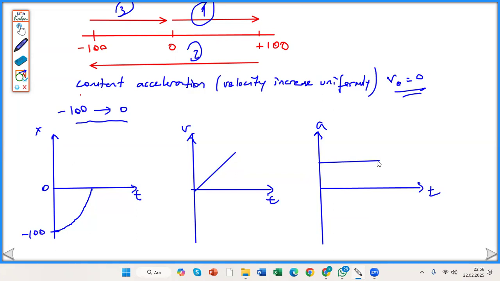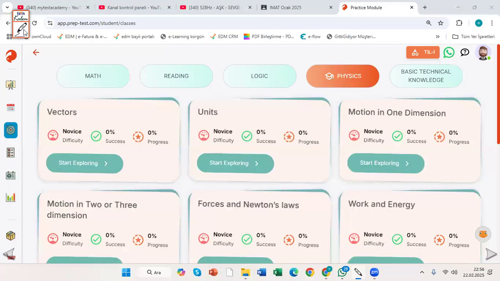I would like to summarize. If you could take your notes, I would like to explain and summarize. Right now we can say that, if the position, let me show you.